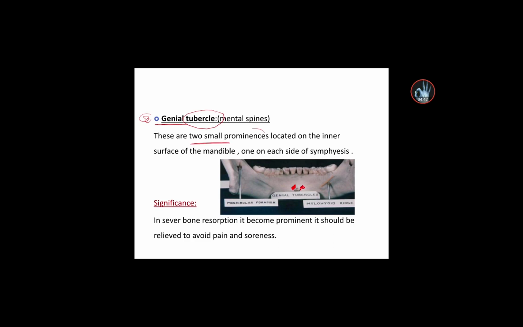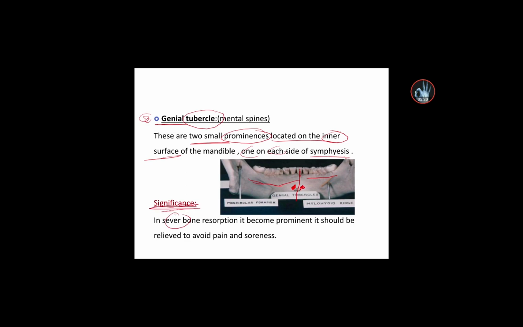So these are two small prominences located on the inner surface of the mandible, one on each side of the symphysis. Symphysis is the bone where the two halves of the mandible join during development. يعني خلال مرحلة النمو أو development يكون هذا المانديبل يعني كذا نصين، نص هنا ونص هنا، يكبروا مع بعض حتى يلتقوا عند حاجة اسمها السيمفيسيس. Okay, so the symphysis is where the right and the left mandibular parts meet during development. So it's on each side.